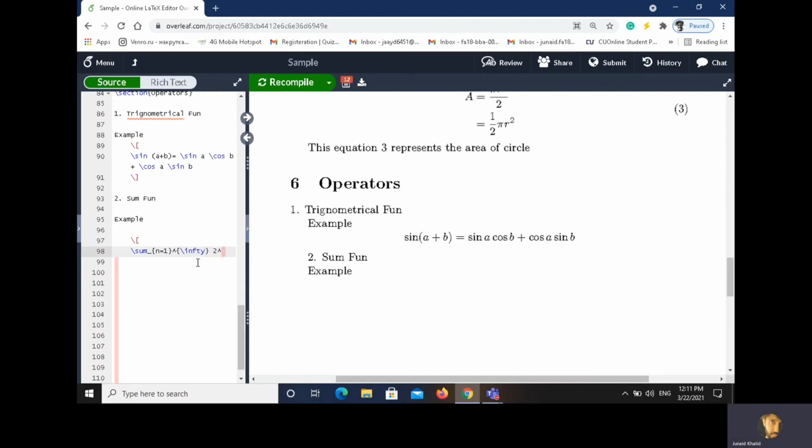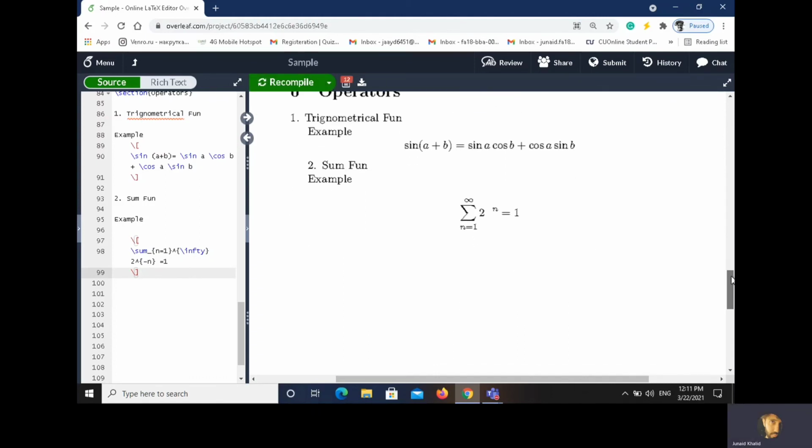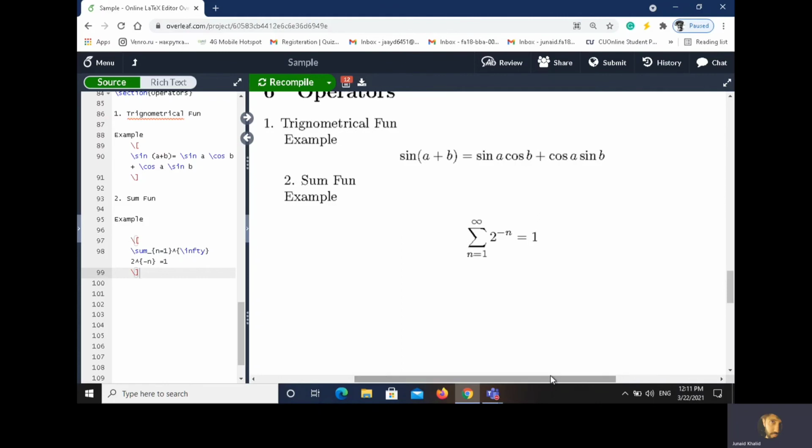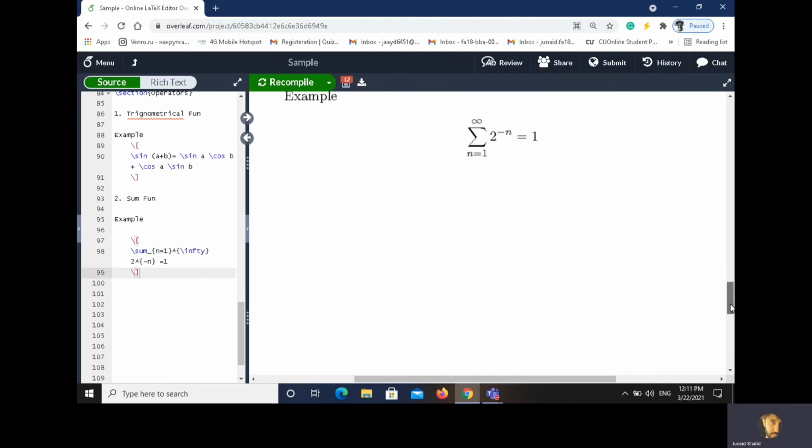In braces we are going to write minus n, equals to 1 and bracket close. So here it is, summation 2 to the power minus n, n equal to 1. So in this way we can write the sum function or summation function using LaTeX.